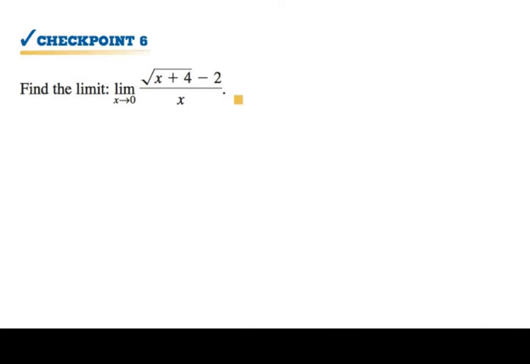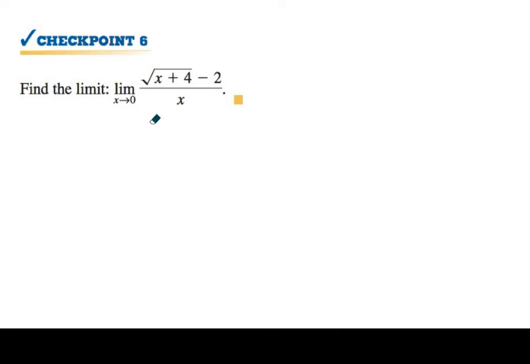Let's try another one. Let's do this one together. The limit as x approaches 0 of the square root of x plus 4 minus 2 all over x. You can see very clearly if I put a 0 in, I'm going to have a problem in that denominator. We can't divide by 0.